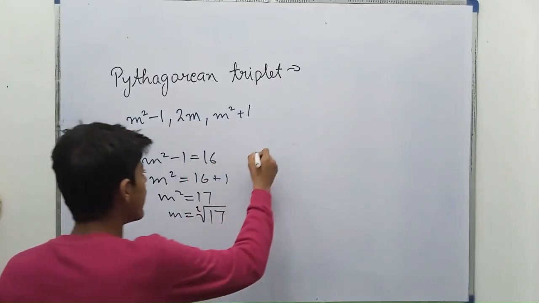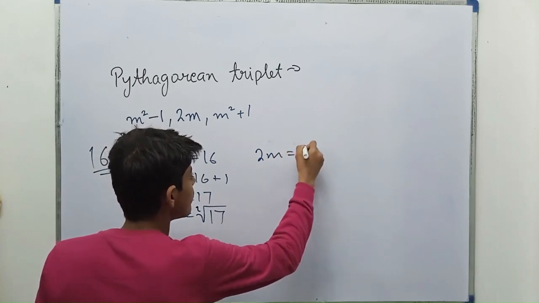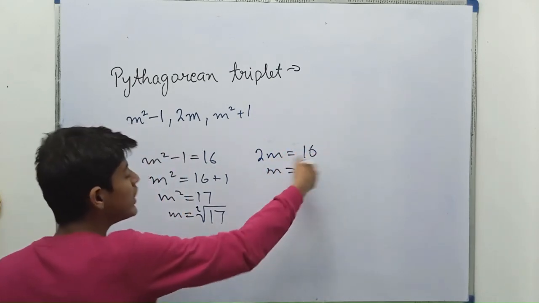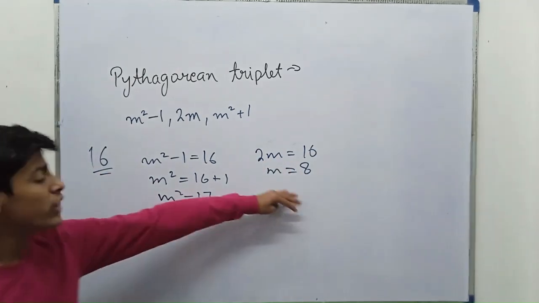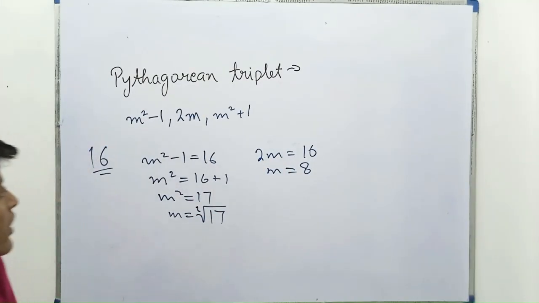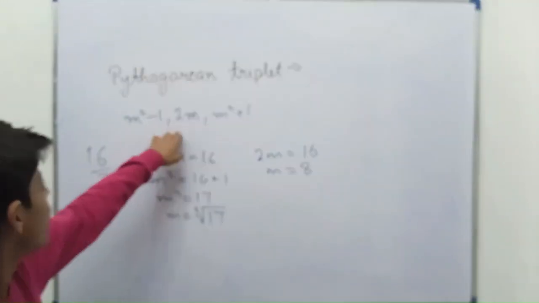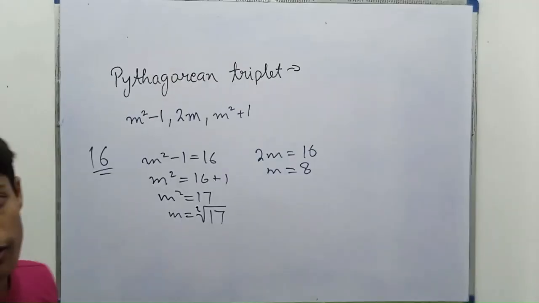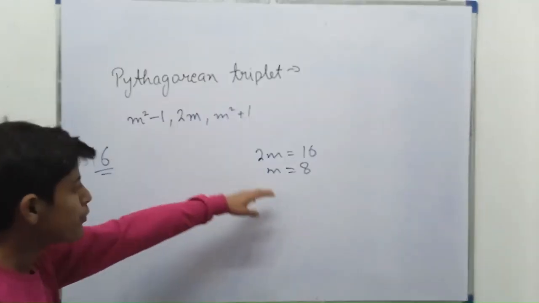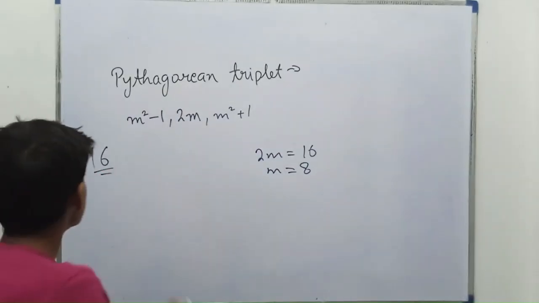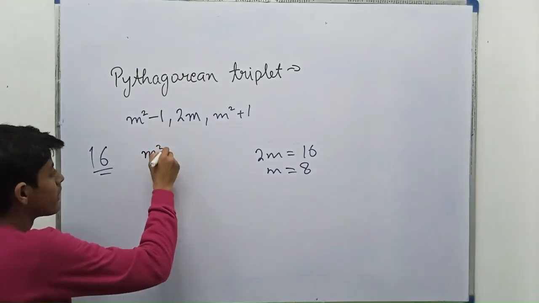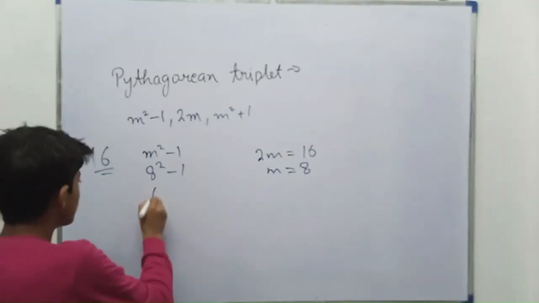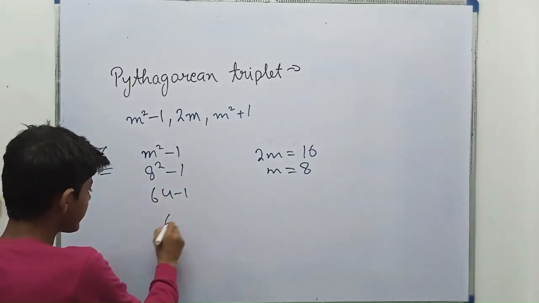Now we will take 2m equal to 16. So m is 8. We divide, as it is multiplied here. So 8 is a part of a Pythagorean triplet. Now let's put the value of 8 in all three and find the Pythagorean triplet. So m square minus 1, 8 square minus 1, is 64 minus 1, which is 63.